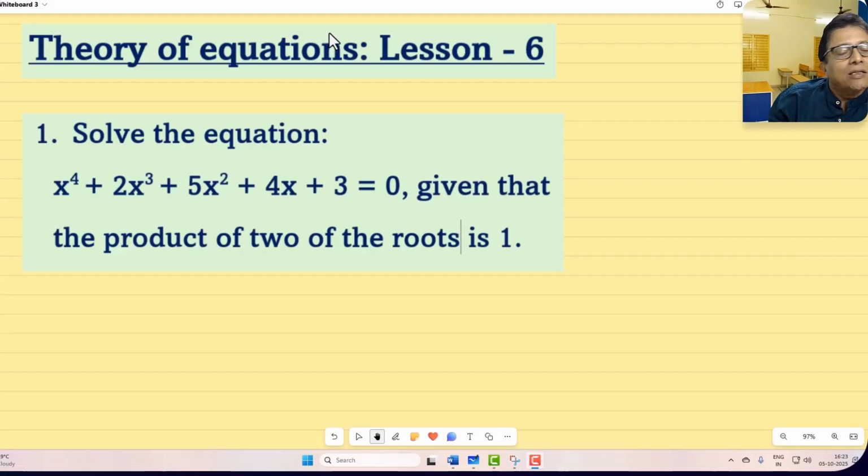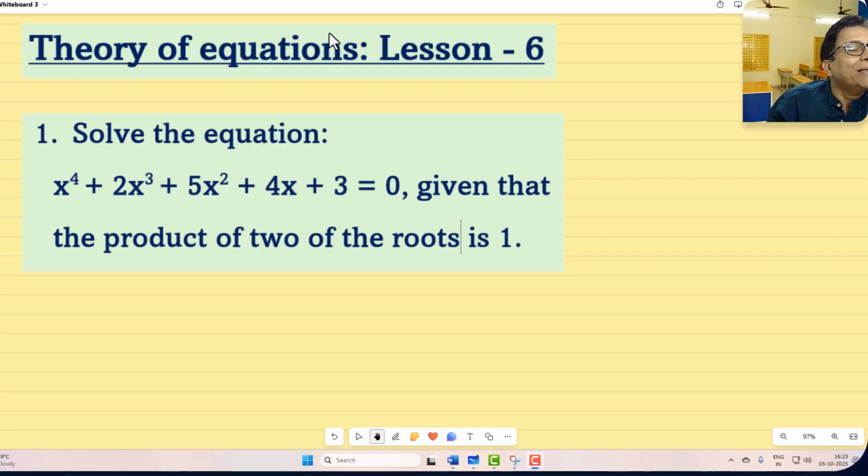So this session will be solving some problems together, where the problems are based on certain given conditions. Sometimes in a biquadratic equation they tell you to solve the equation if the sum of two roots equals the sum of the other two.